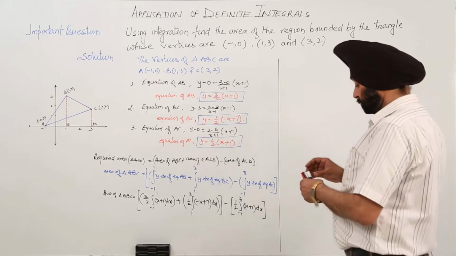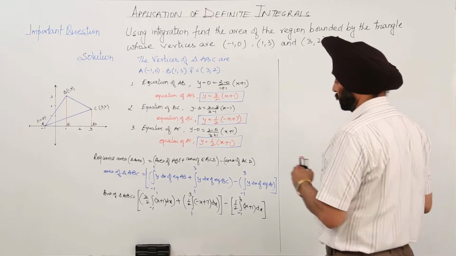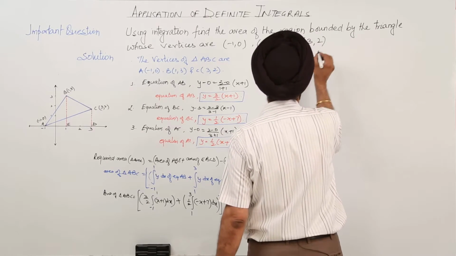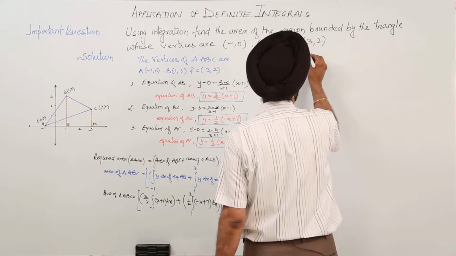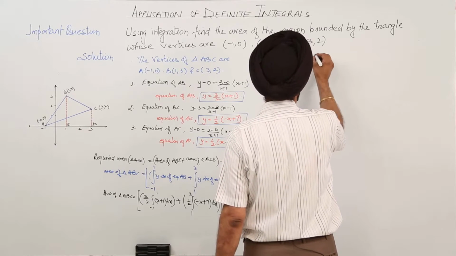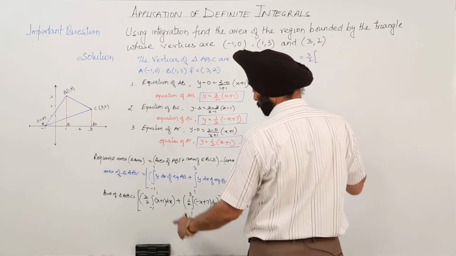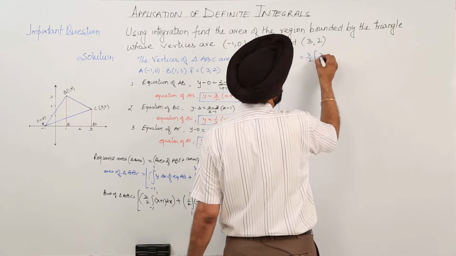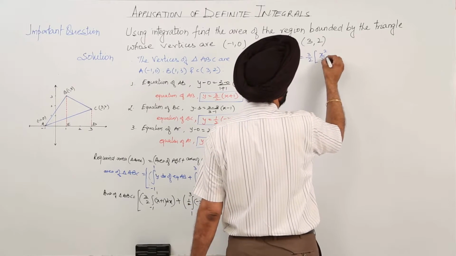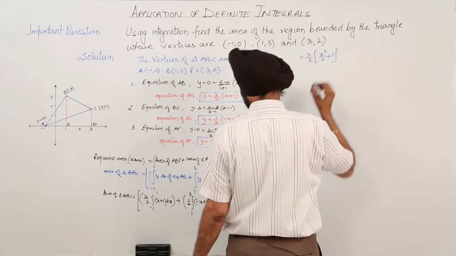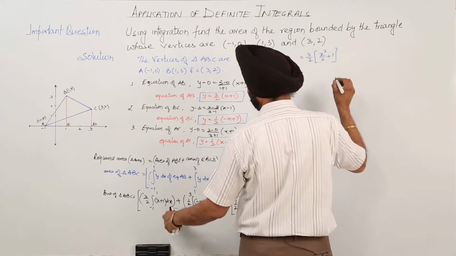Now the required area is 3 by 2 times (x square upon 2 plus x) from minus 1 to 1.